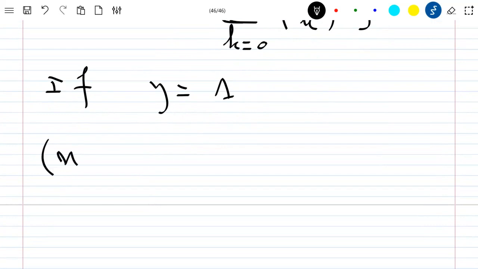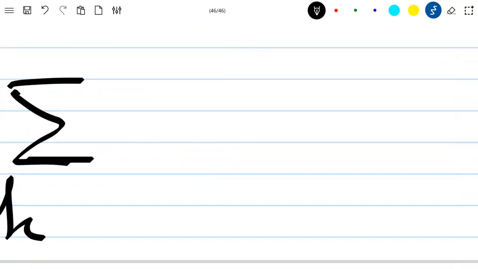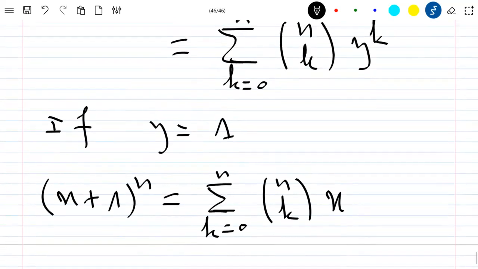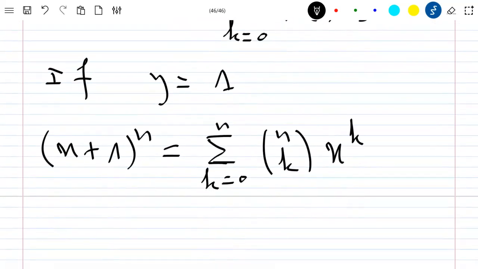We'll have here (x plus 1) power n, which will be written as the summation of k from 0 to n of n choose k, of this x power k and y, which is 1, power n minus k.